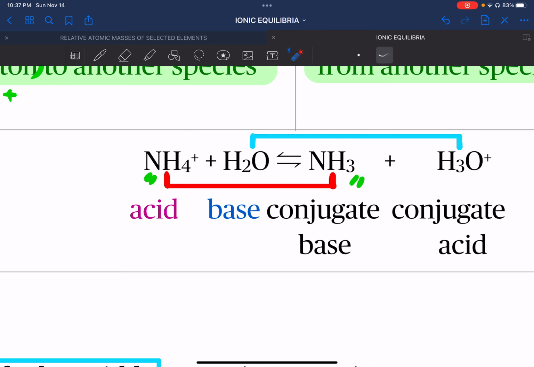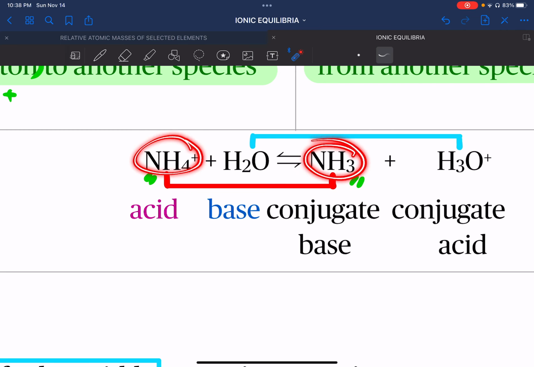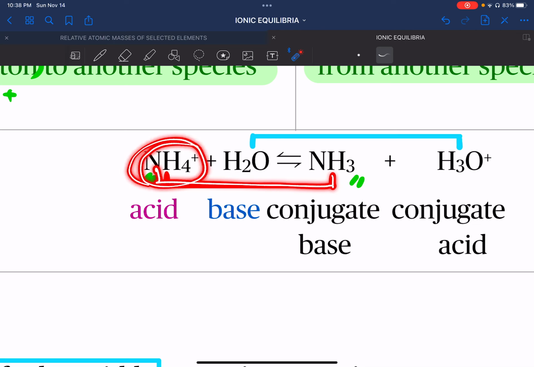Okay, now, kita cuba fikir secara inversely. Now, ammonia, sebab this is a reversible reaction. So, now, cuba fikir, ammonia becomes NH4+. In order for ammonia to become NH4+, ammonia ni akan terima H+.